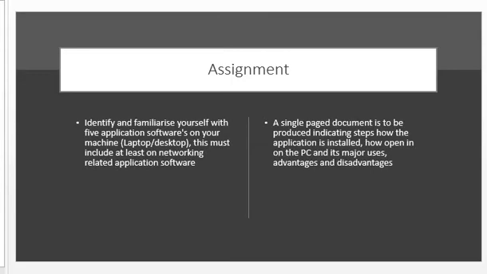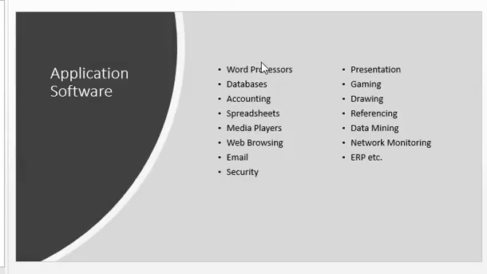If it's a word processor, for example, let's look at the word processor here. One application package in terms of word processor that you can talk about is what? Apache OpenOffice. You write Apache OpenOffice, and how to access it: you go to Start, you navigate to probably the Apache folder, you open it.